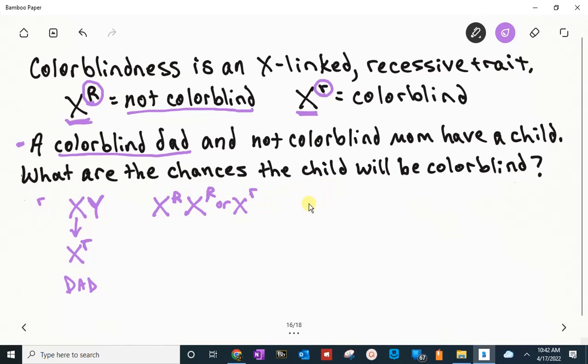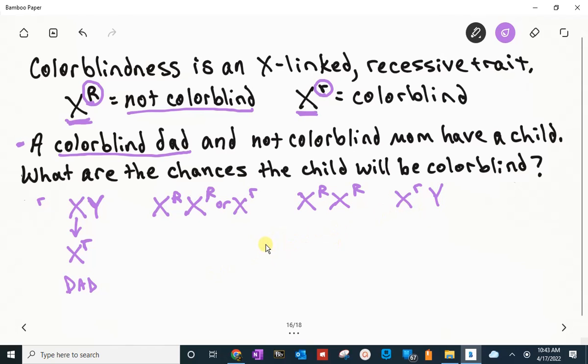Now, since these are true breeding parents, we know that these are going to be homozygous parents. So the mom is going to have both capital R's for both of her X chromosomes. And the dad is going to just have a recessive r on his one X chromosome.